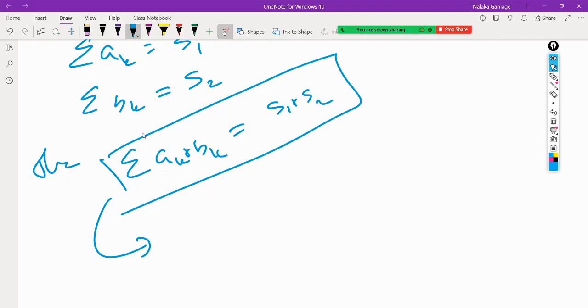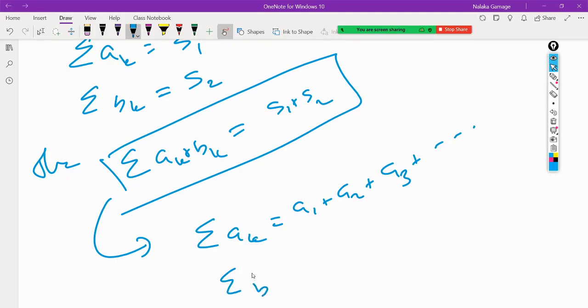Let's write this. Sigma AK is A1 plus A2 plus A3 plus blah blah blah. Sigma BK is B1 plus B2 plus B3 plus, say, it goes to infinity. Now we know that this is S1 and this is S2.